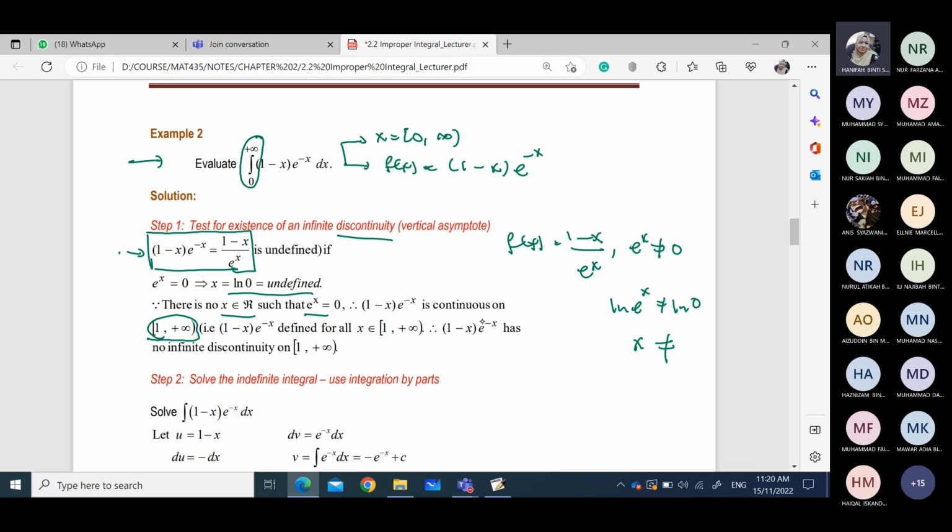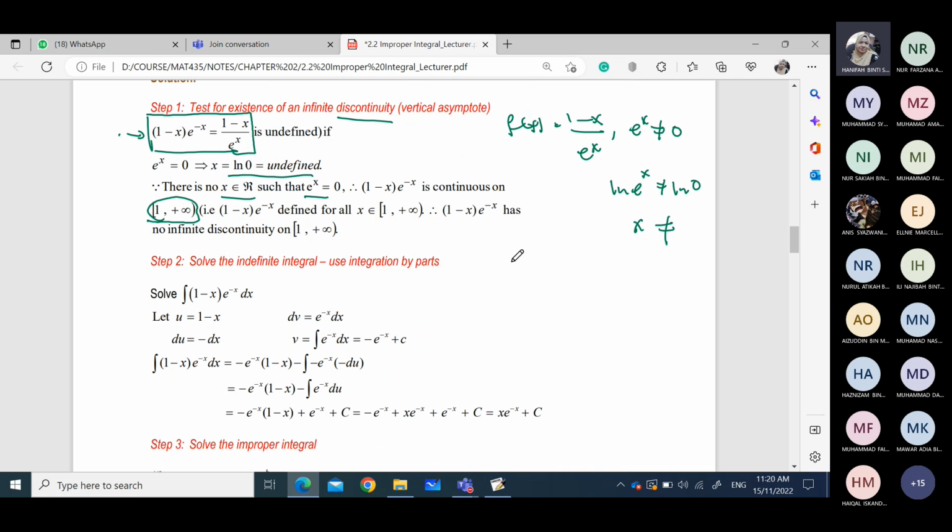So means that kita masukkan apa-apa saja nilai. So the function is always defined. Termasuklah you masukkan nilai kosong, exponent 0 will be 1. Macam tu. So kita boleh katakan this function is always continuous on the interval 0 to infinity. That means there is no issue about discontinuity. Tak ada issue dekat situ.